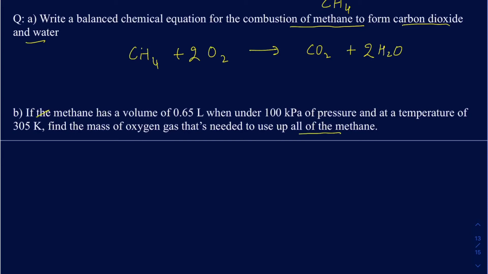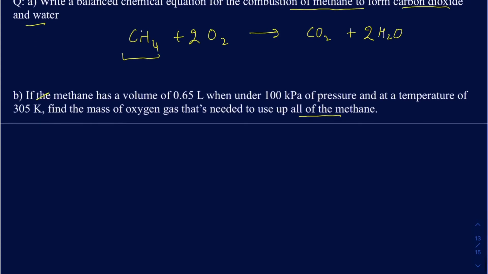So you've got 2 reactants and I'm trying to burn all this methane, but I have to figure out how much oxygen I would need in order to burn all that methane. Like I said earlier, if you know the moles of a reactant, you can relate the moles of that reactant with the other reactants or even with the products. That's exactly what we need to do. If you can figure out the moles of methane, you should be able to figure out the moles of oxygen and proceed from there.